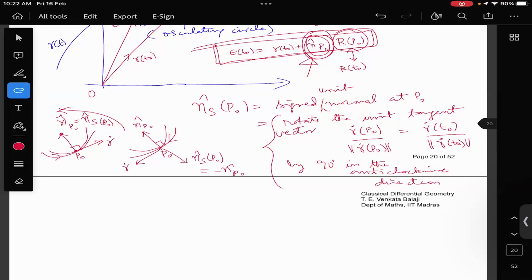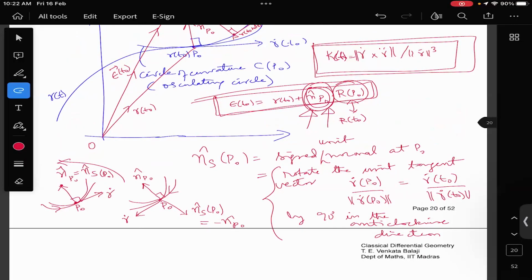So you see the problem is that when you define the signed unit normal, it may go opposite to the geometric normal. So in that case, if you want to replace the geometric unit normal by the signed unit normal, a sign will come in, and that sign has to be adjusted. How do you adjust the sign? Of course, I could put a minus sign on the radius of curvature, but that's nonsense, because the radius of curvature is supposed to be always positive.